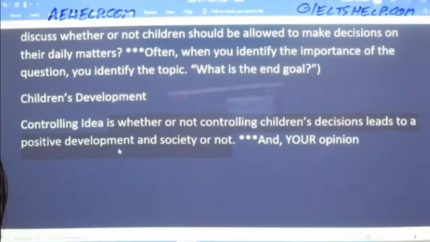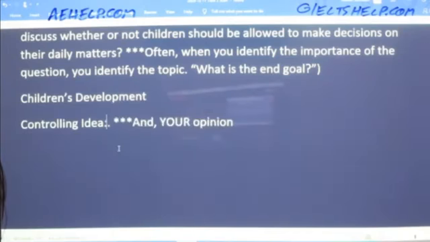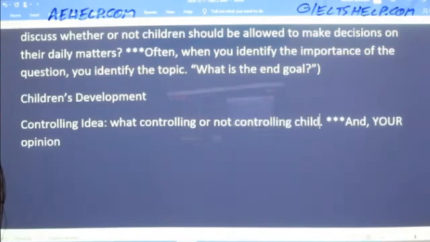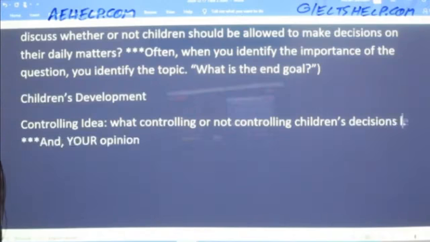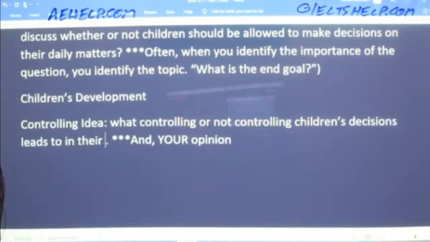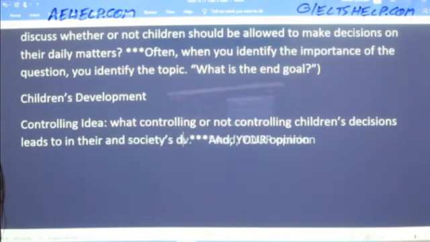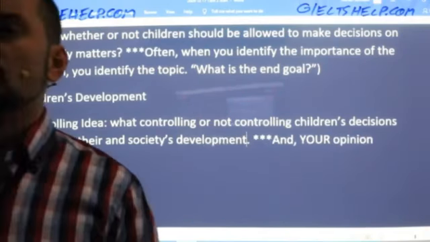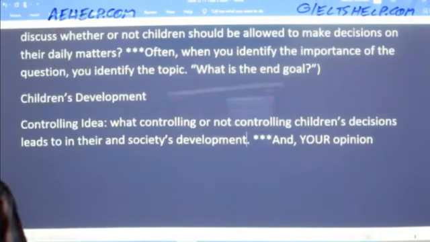Controlling idea is what controlling or not controlling children's decisions leads to in their and society's development. And your opinion. So that would be more accurate, okay, according to the question, right?